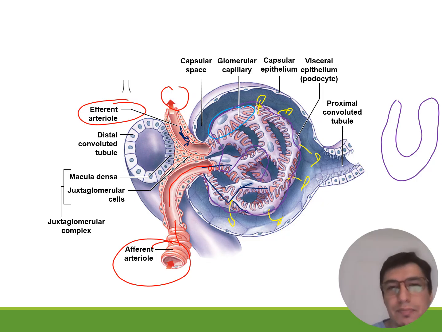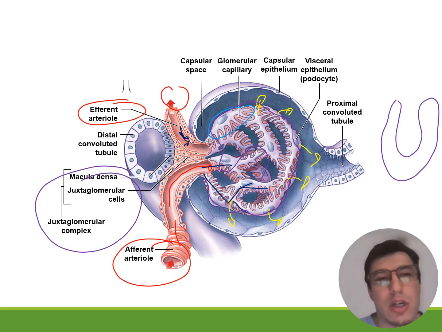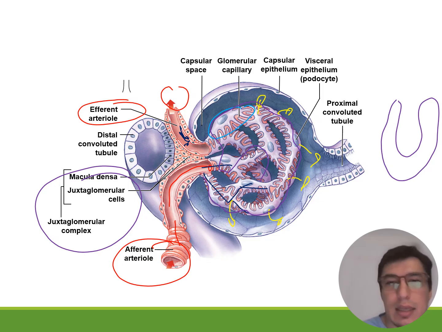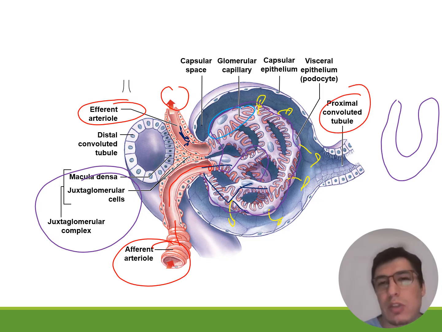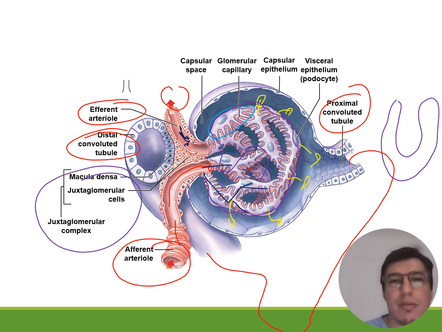All right. We will talk about the juxtaglomerular complex in a second, but you can see another big remark, and that is that the proximal convoluted tubule is the one that first meets the glomerulus, and then the distal convoluted tubule is the one that ends up wrapping around here.